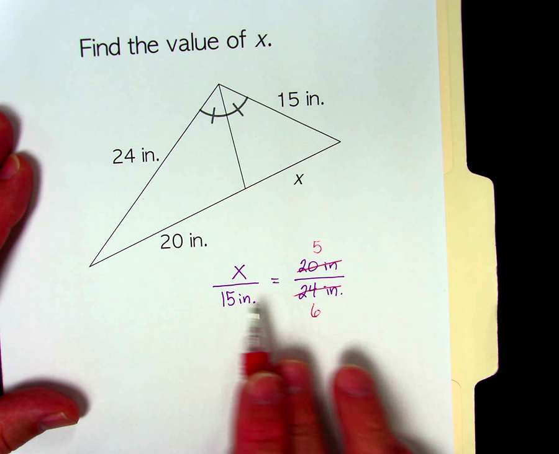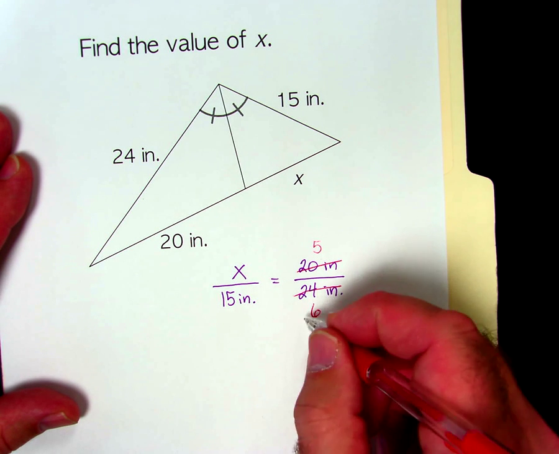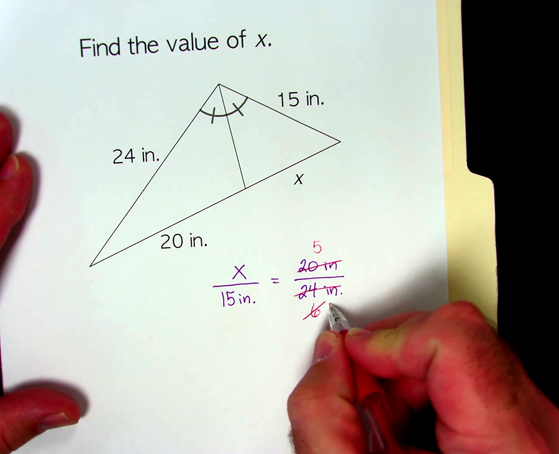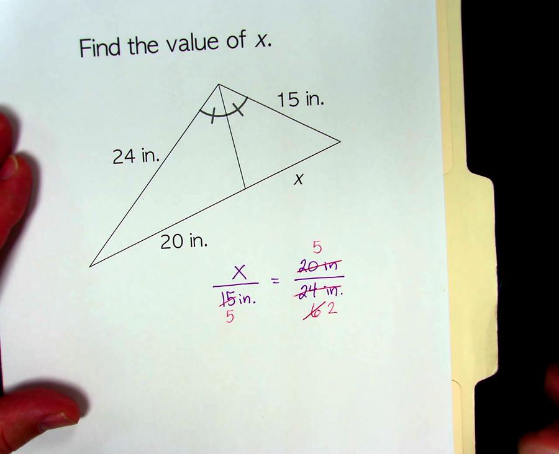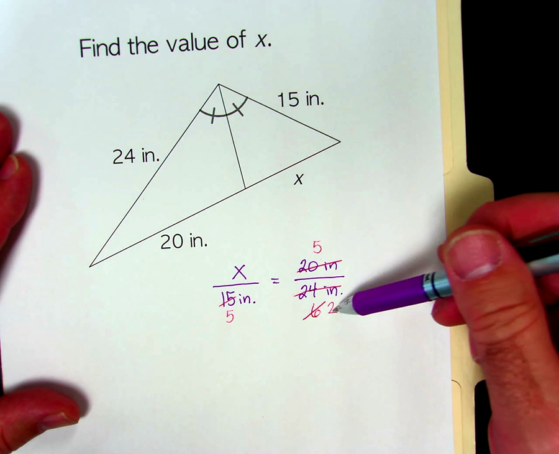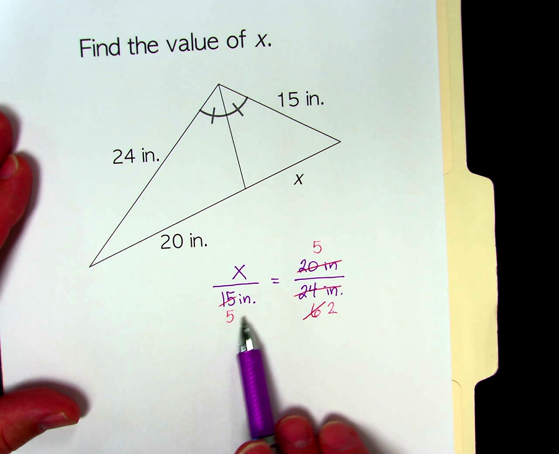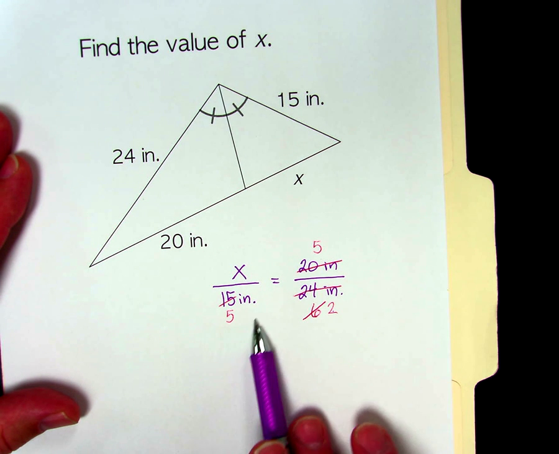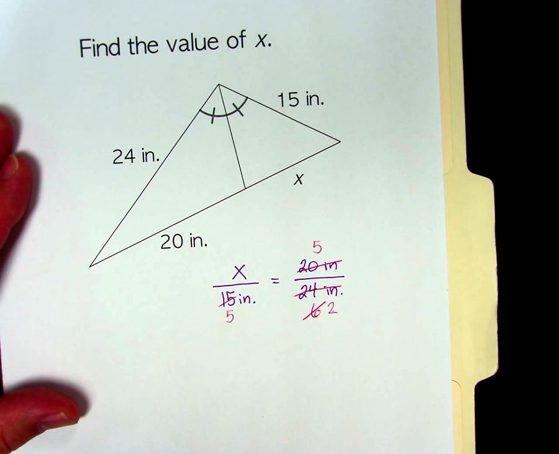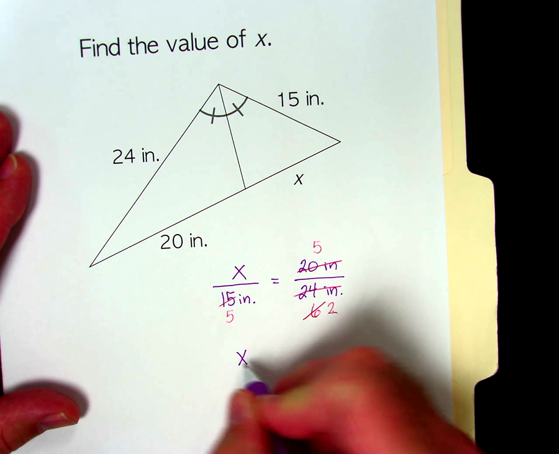Horizontally, 6 and 15 can both be divided by 3. Now, I could do cross products here, but essentially, since x is already in the numerator, if I just multiply both sides by 5 inches, my variable will be alone.